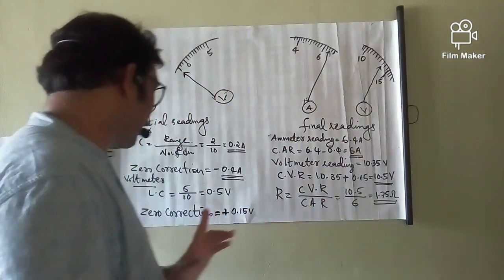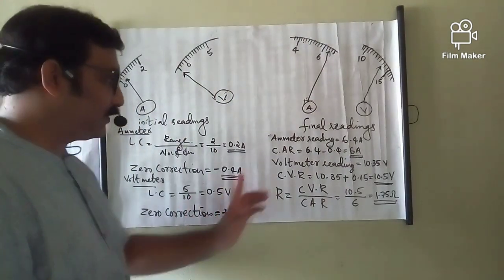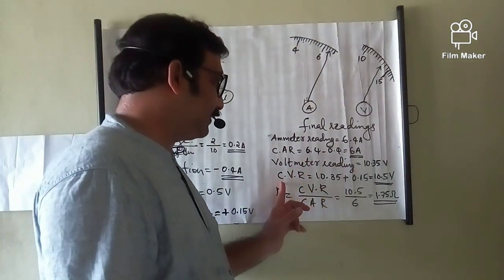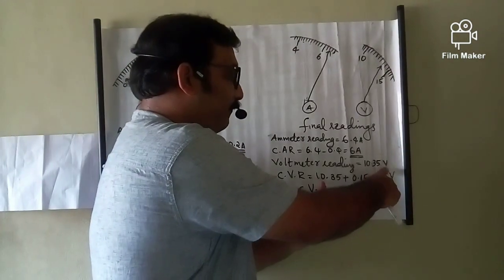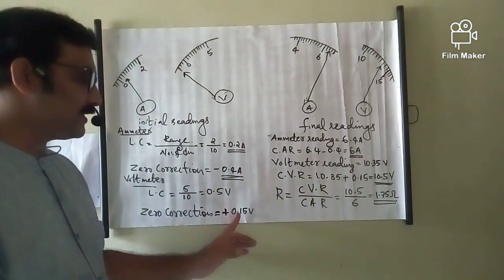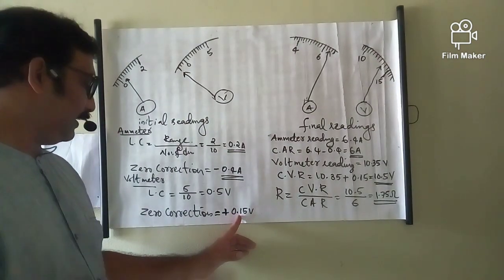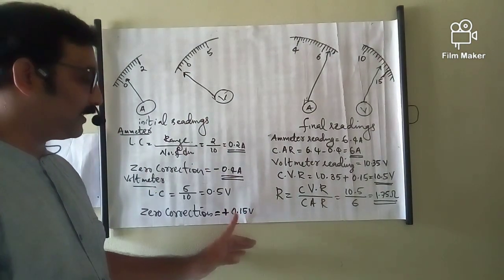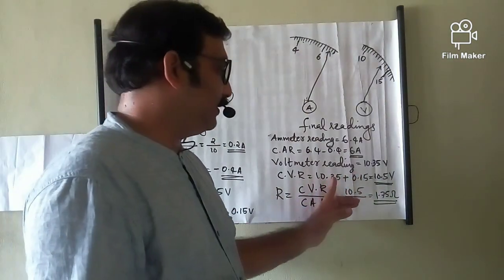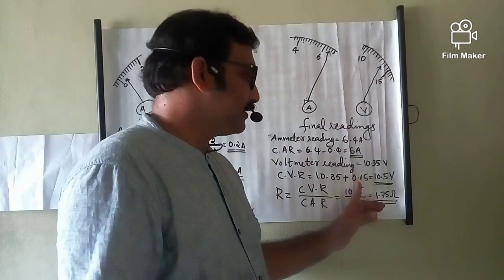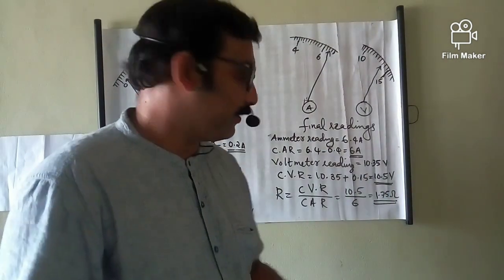Here also some correction is needed. The corrected voltmeter reading is 10.35 plus the zero correction of 0.15, which is 10.5.